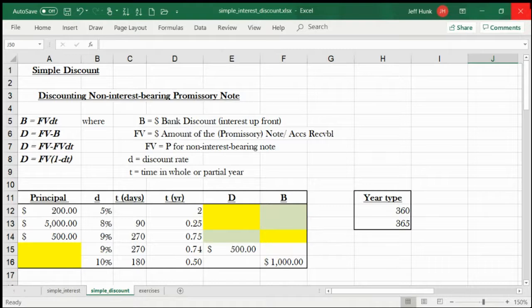And simple interest is more frequently used in the situation where they have to discount the promissory note.